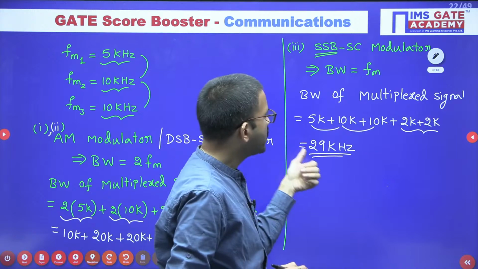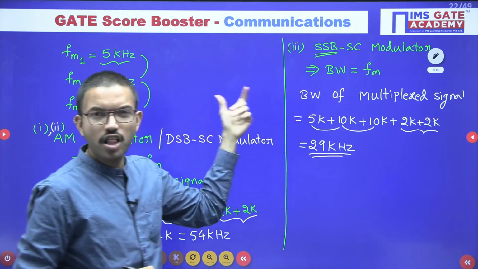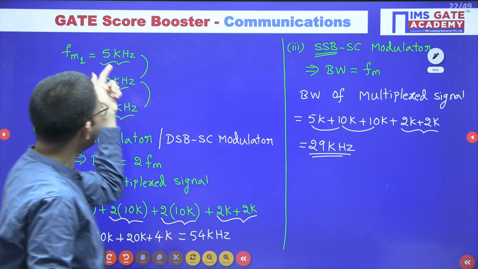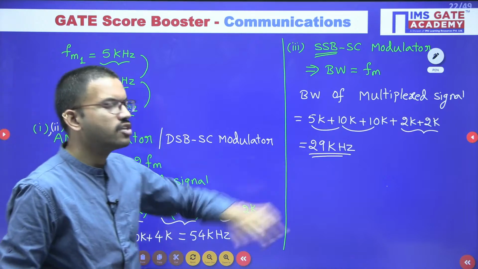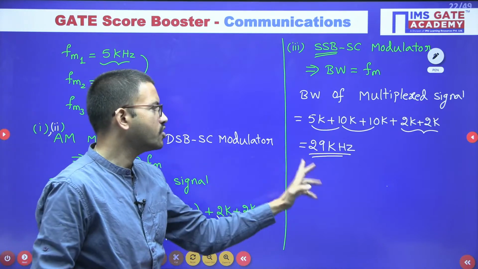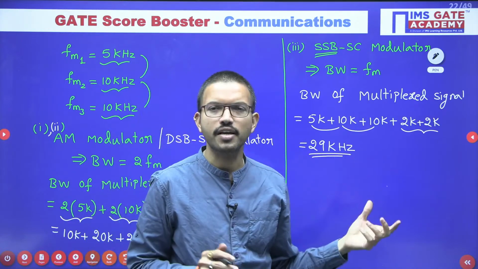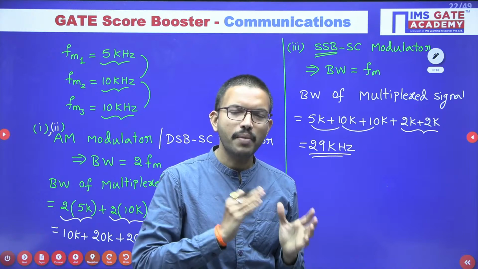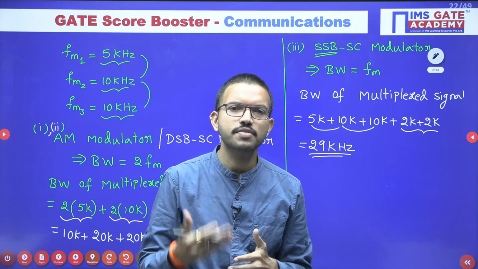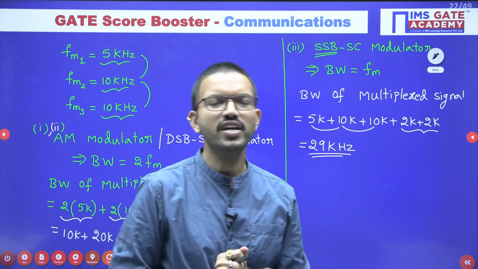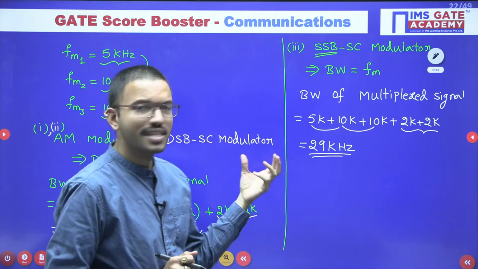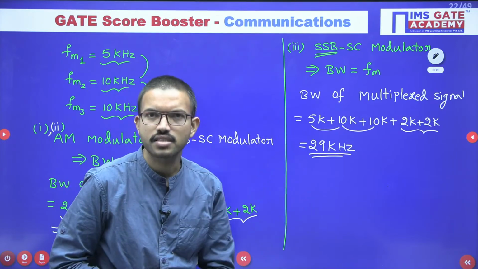But whereas here, if you are using all SSBSC modulators, in order to transmit these three signals, 29 kHz is sufficient. So that means whatever remaining frequencies you have in the channel, we can allocate for transmitting some other signals. Okay, in that way we can effectively utilize the channel if you are using SSBSC signals.